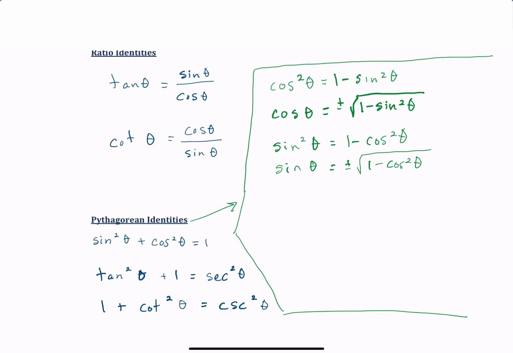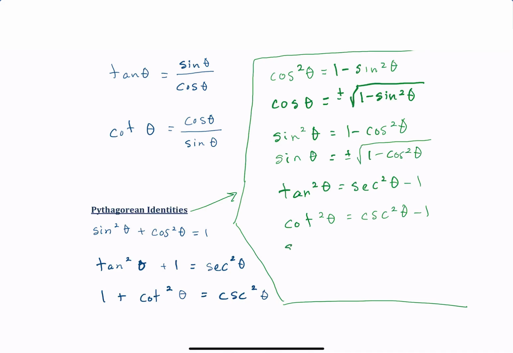tangent squared of theta equals secant squared theta minus 1. And cotangent squared of theta equals cosecant squared of theta minus 1.